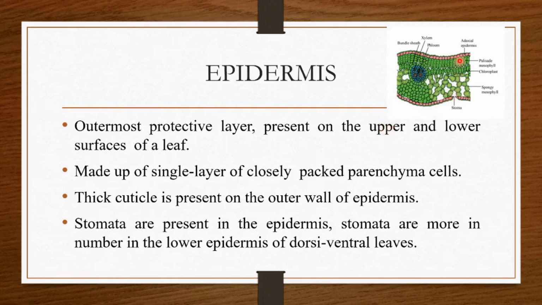And another character is that numerous small openings called stomata are present in the epidermis. These stomata are especially for transpiration and gaseous exchange. This opening is called stomata. And these stomata are more abundant in the lower epidermis of a dorsiventral leaf.